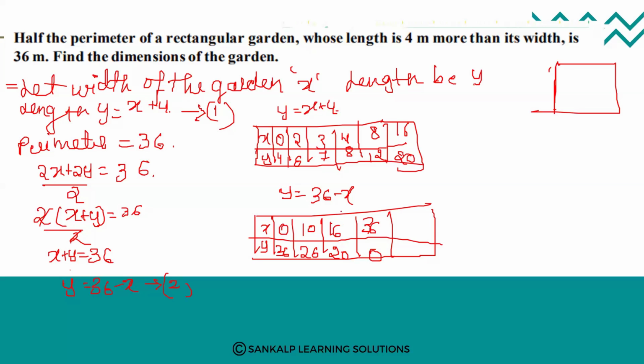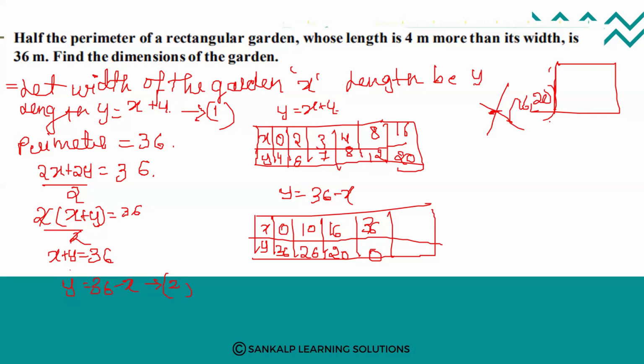Now observe carefully. These two tables, which values of x and y are same? If I take x is equal to 16, y value is 20. Here also, if I take x is equal to 16, y is equal to 20. That means if I plot a graph for these two equations, then I will get intersecting lines. And those two lines will intersect at point 16 and 20, remember.